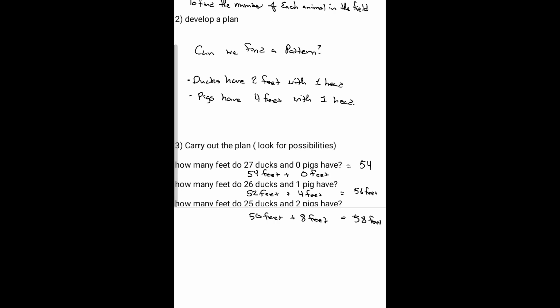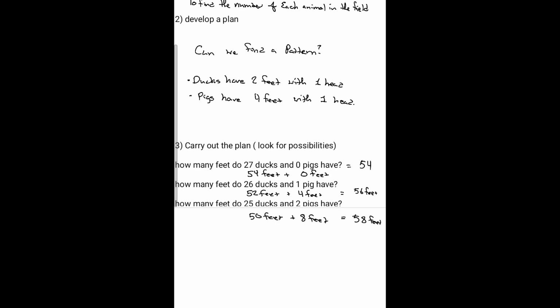If you're looking at these numbers on the side here, 54, 56, and 58, all right? What we see is that for every head that we add, okay? So like for instance, we had 27 ducks, so we have duck heads. We have 0 pig heads. But we have 26 duck heads and 1 pig head. 25 duck heads and 2 pig heads, and so on.